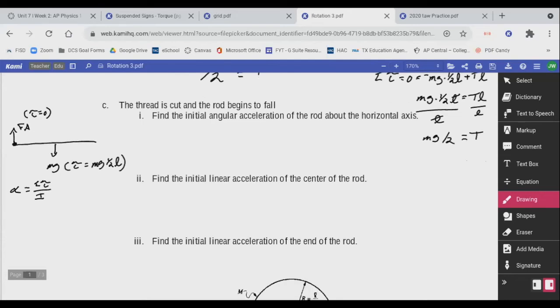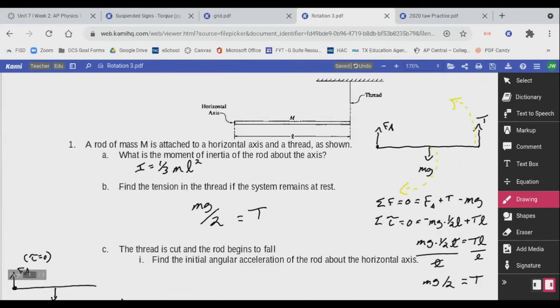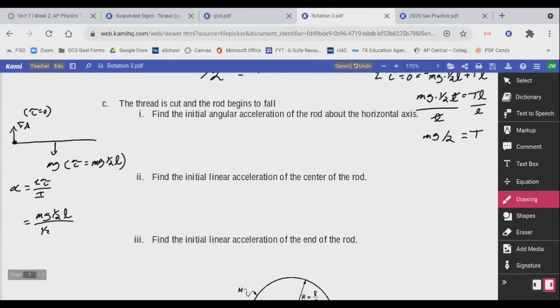Going back to alpha, our summation of torque divided by I, the only torque I have on this is mg times 1/2 L, divided by the I for this problem. That comes from the very top, 1/3 ml squared. Well, we can clean this up a bit, right? Let me do that in a different color so it's more distinctive.